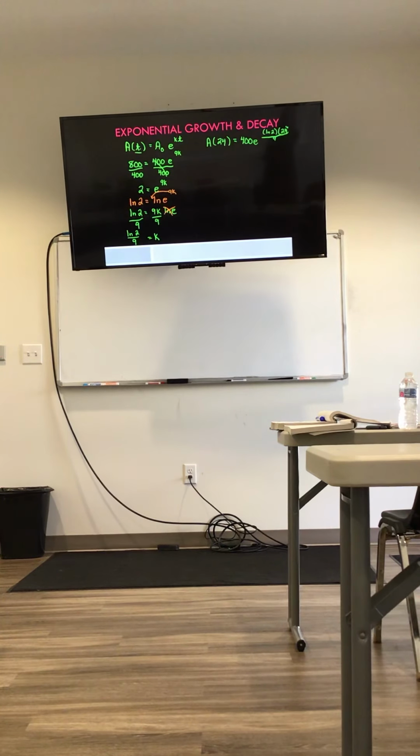Now, on the exponent, I need us to carefully enter this. That ln2 is inside parentheses. Yes, it popped up in parentheses originally, but that's going to be everything in the numerator. So start with another parenthesis, type in your ln2, close that parenthesis, hit the times 24, close the original parenthesis, divided by 9, and hit enter.